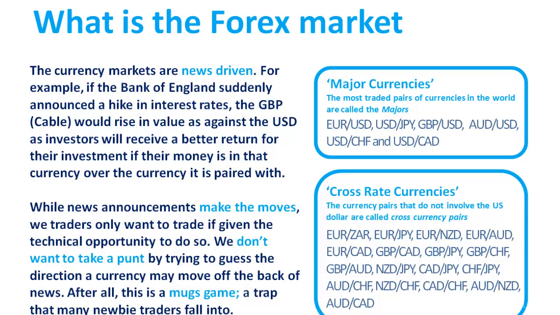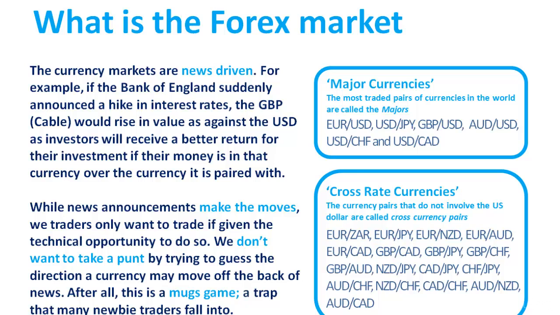So the currency markets are news driven, as is any market for that matter, and very sensitive to news announcements. We've got the example here. Say if the Bank of England decided to announce that the interest rates would rise in Great Britain, that will cause a spike in the British pound.